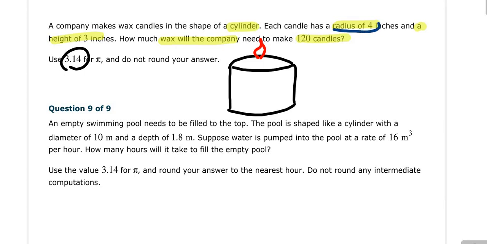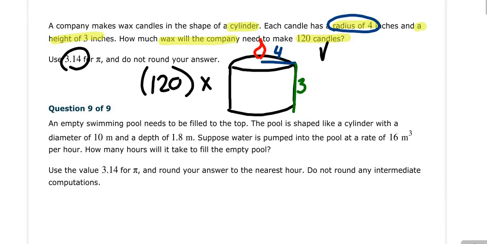And what we know is it has a radius of 4 and a height of 3 inches. And we want 120 of these candles. So it's 120 times whatever that is.